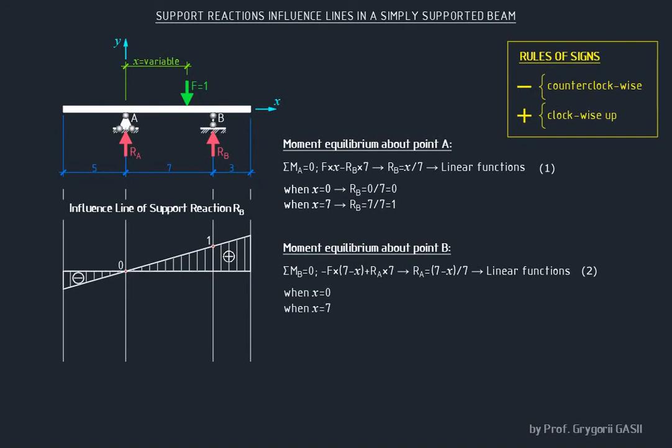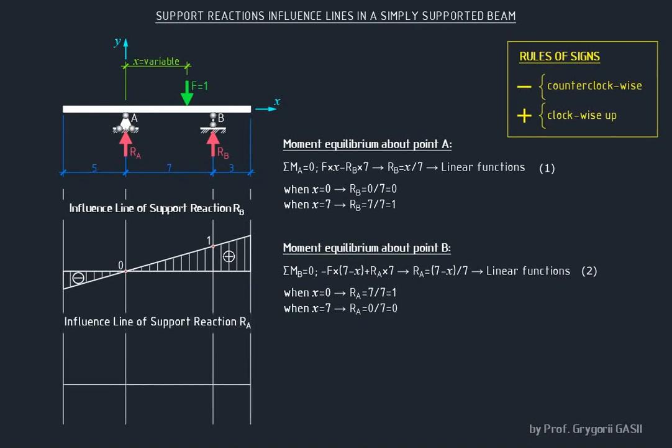In this case, as in the previous one, it's convenient to take the variable x equal to 0 and 7. If we substitute 0 and 7 into formula 2, the support reaction RA will be equal to 1 and 0, respectively. Let's also plot these coordinates on the diagram to get the influence line of the support reaction RA.